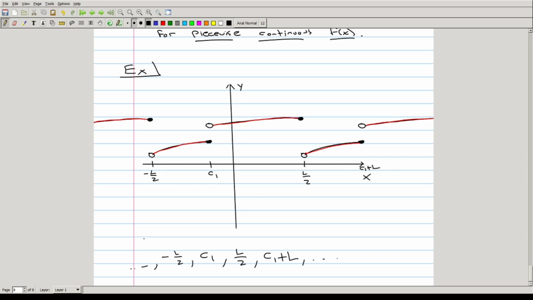These are the points of discontinuity of the function.